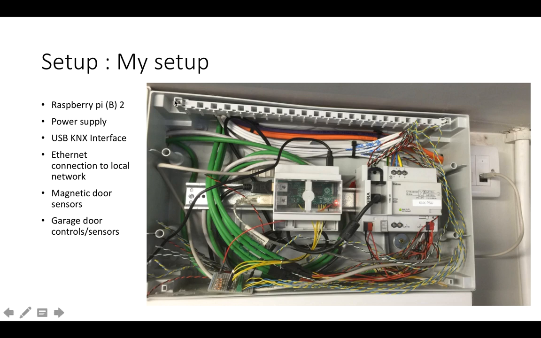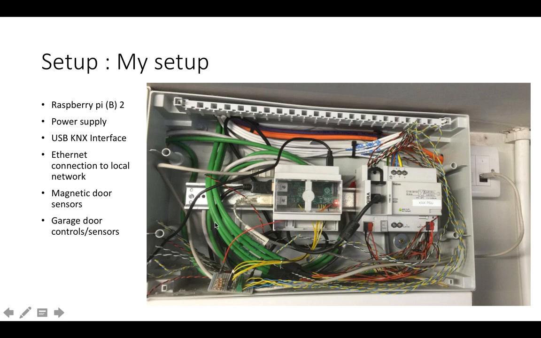So this is just an example of my setup that I have here. I've pulled off the cover of the wiring unit, and I'll just run you through what you can see here. This is the KNX power supply unit. It's taking mains power in and powering out the KNX bus. You can see all of the KNX bus wires linked in here, all the red and black ones, and they go out into these green wires which thread their way out across the rest of the house.